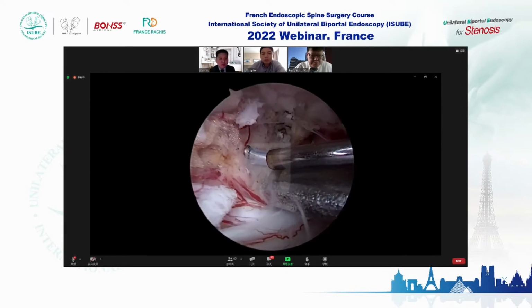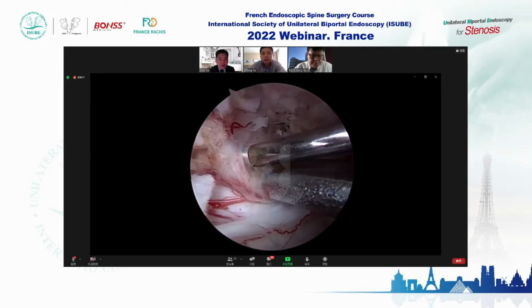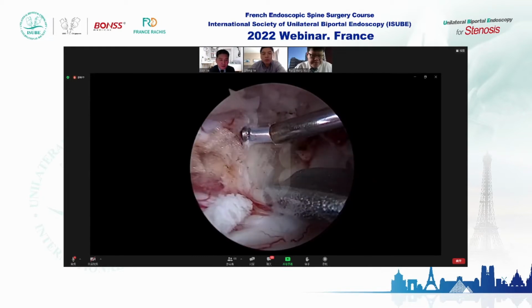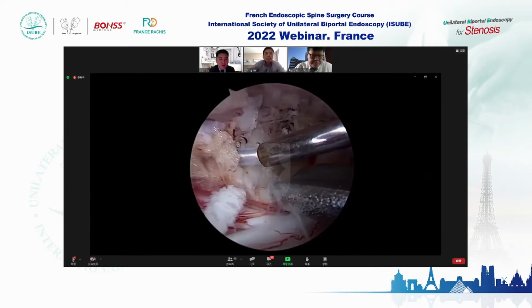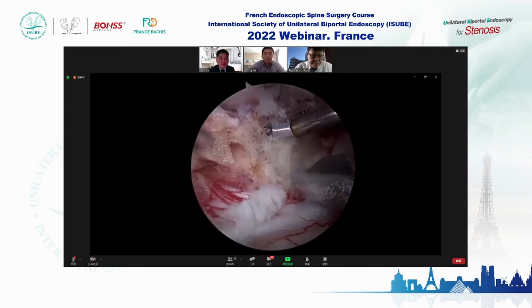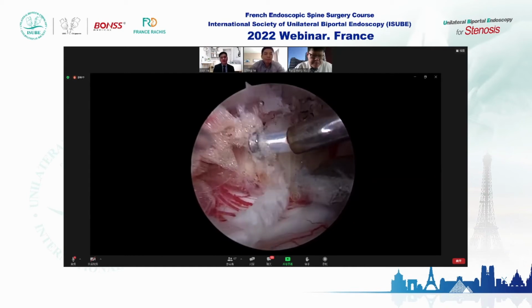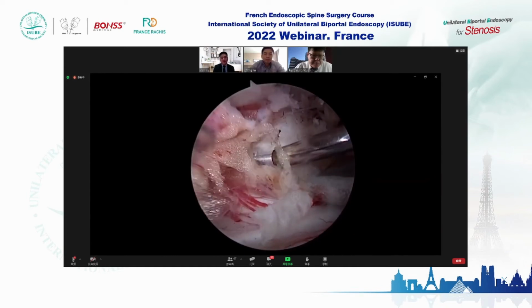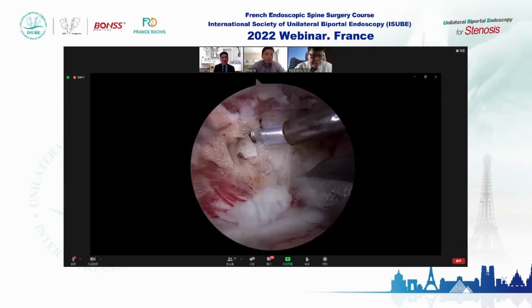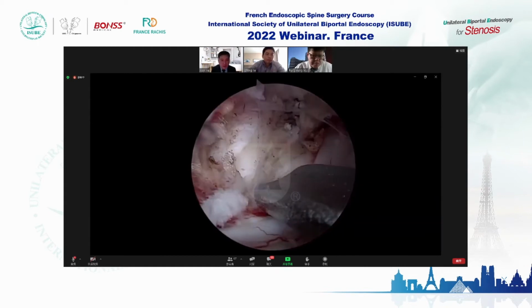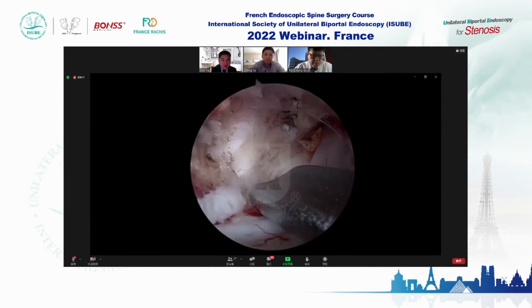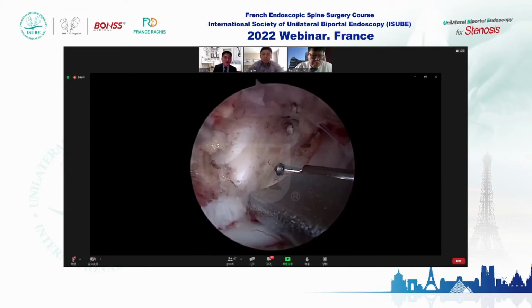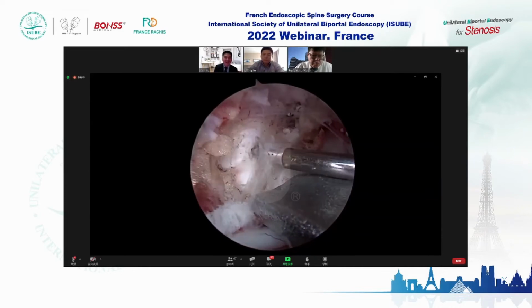So the radiofrequency is through the third portal or the left portal? The left portal. Okay. I will change. Maybe sometimes I will use the third, and sometimes I use the ipsilateral portal. I mean, if you change the portal, you should tell us. Okay.